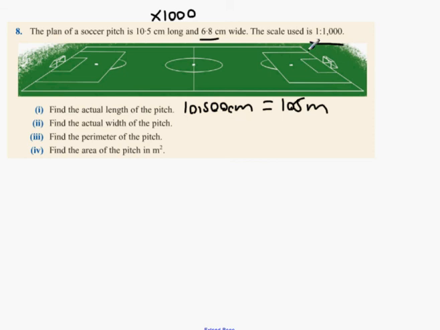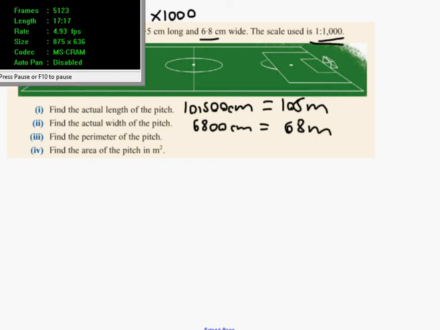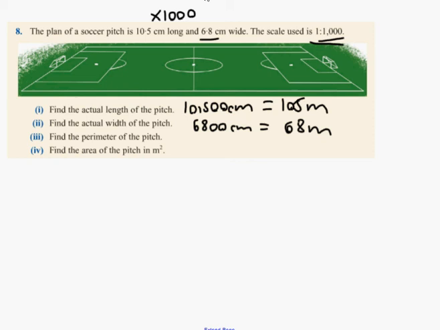What about the next one? 6.8. You're going to multiply it by 1,000: 6,800 centimeters, also known as 68 meters. Wait, just a second. The next part of the question, guys, wants me to calculate the perimeter, the actual perimeter, not the model's perimeter.